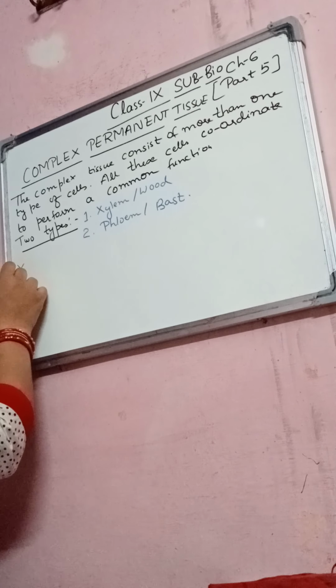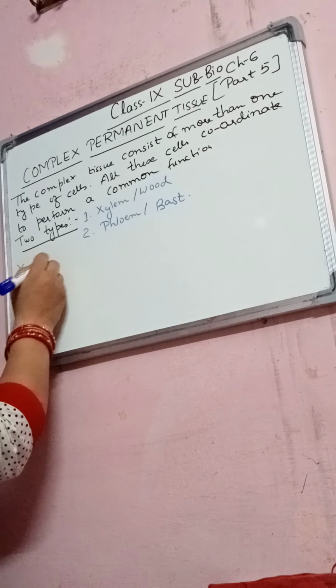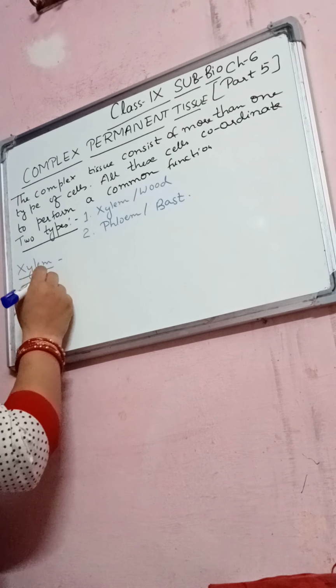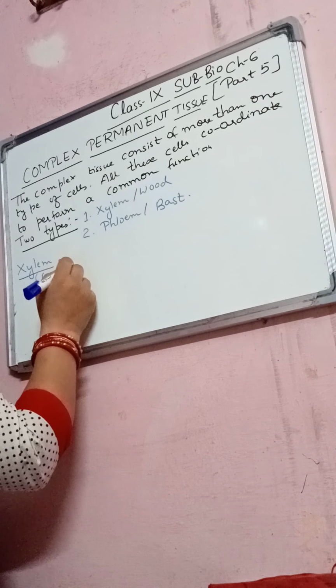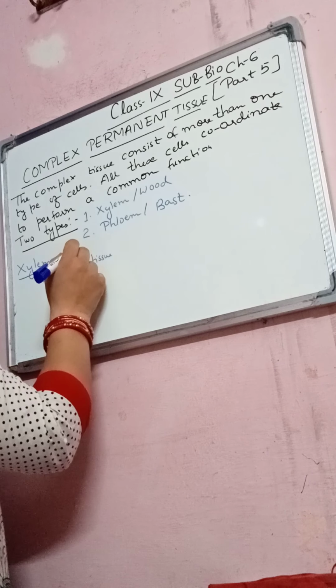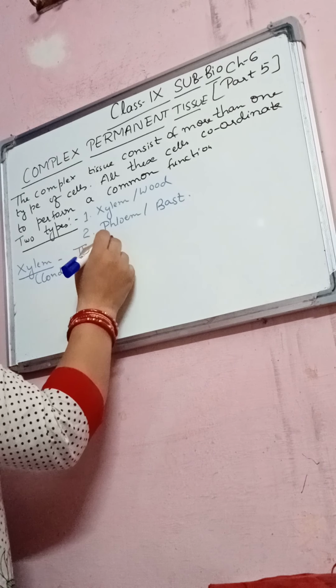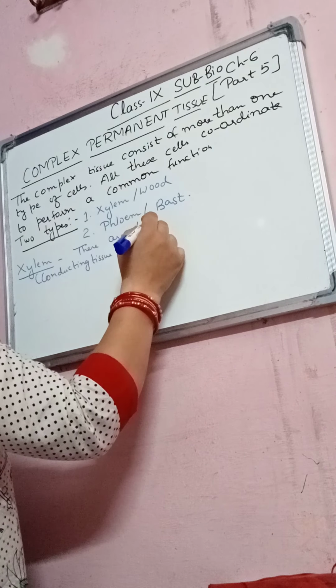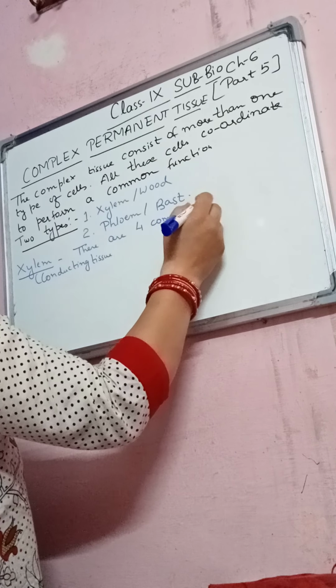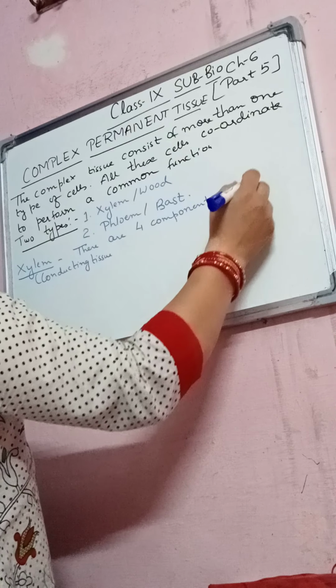So let's start with the xylem component. Xylem is a vascular tissue and mechanical tissue, and it is also known as the conducting tissue. There are four components of xylem.